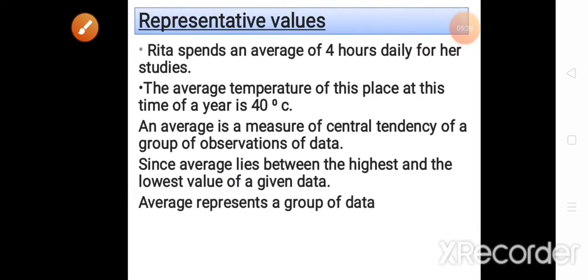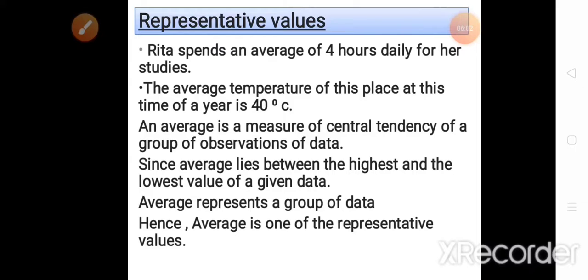Also, average represents a group of data, so it helps us in picturizing the whole group of data in a very small form, say with the help of a very small number, which is considered as the average.